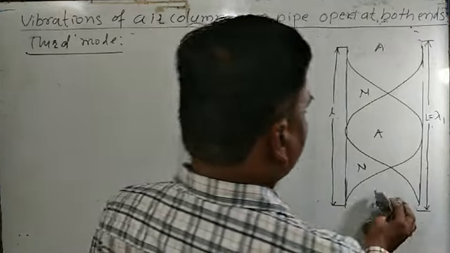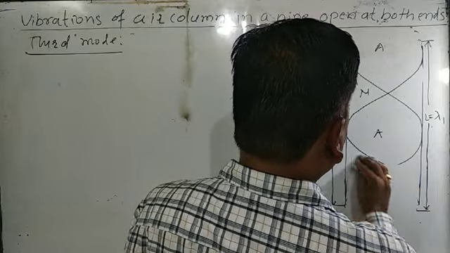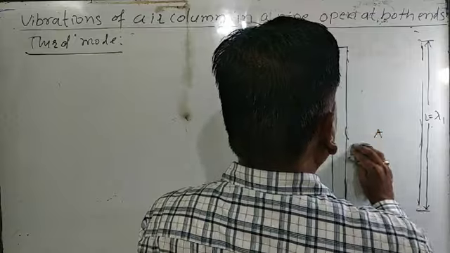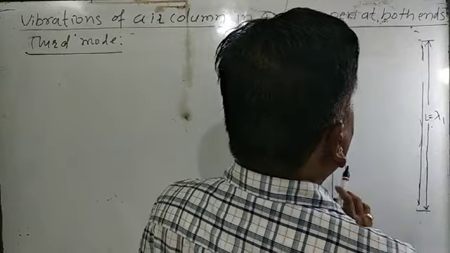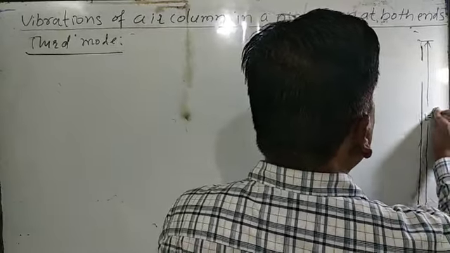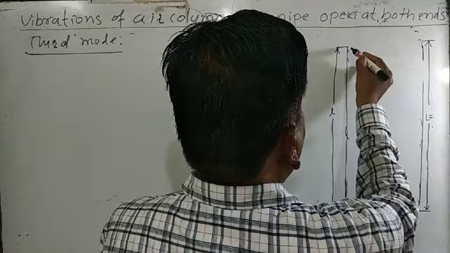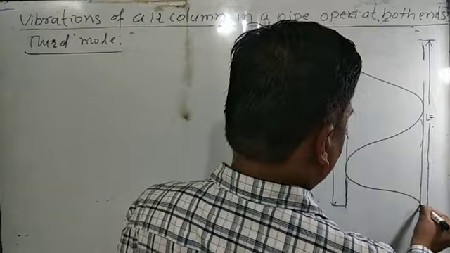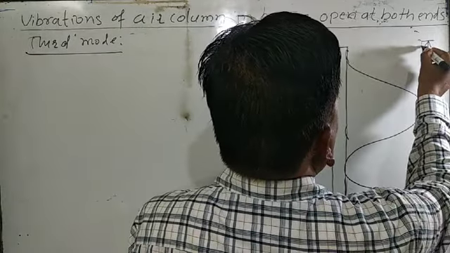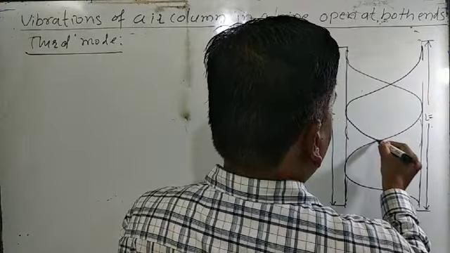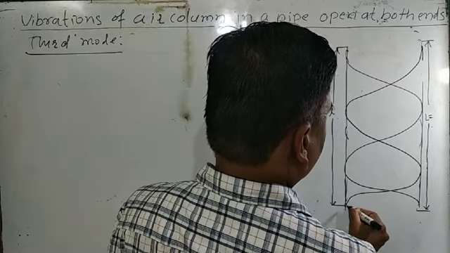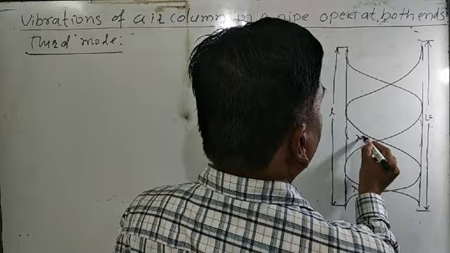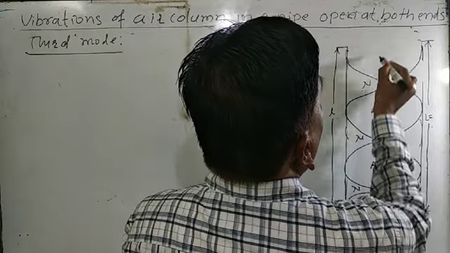In the third mode of vibration, again the boundary condition is that there are antinodes at the open ends and nodes between them. Antinode, node, antinode, node, antinode, node, antinode.